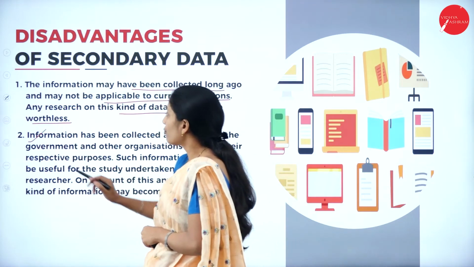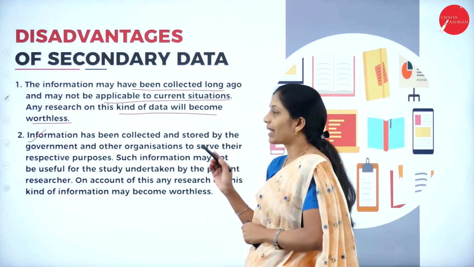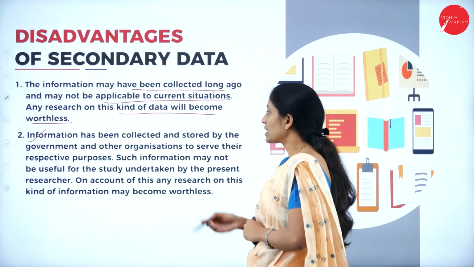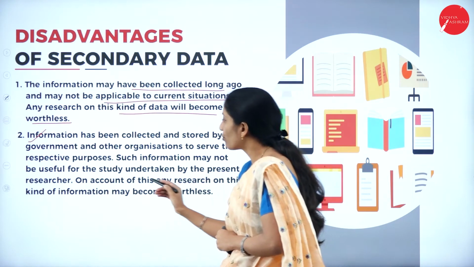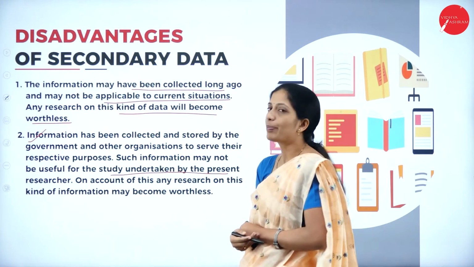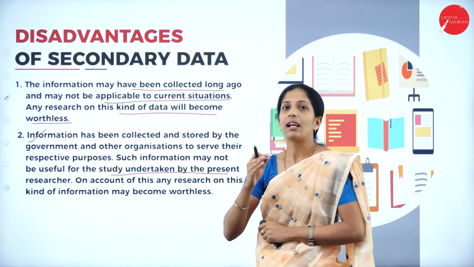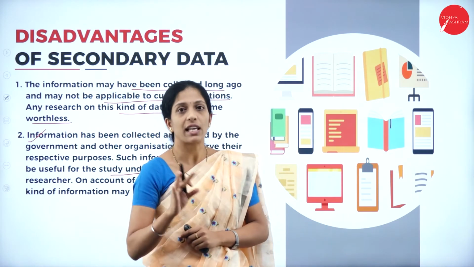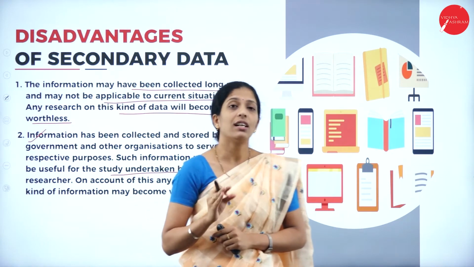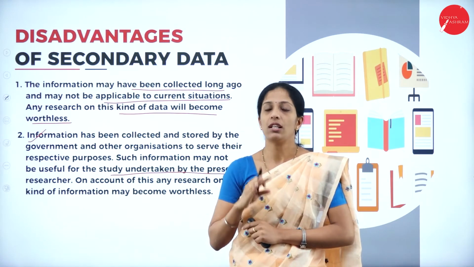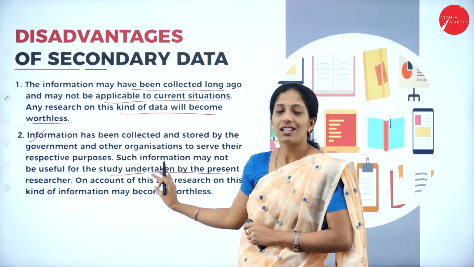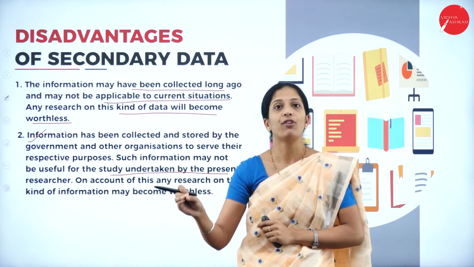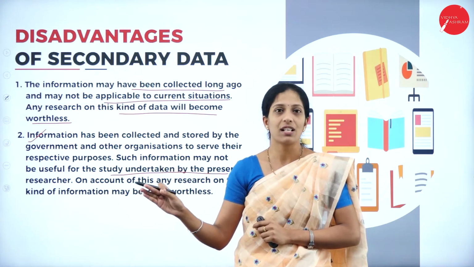Next one is, information has been collected and stored by the government and other organizations to serve their respective purposes. Such information may not be useful for the study undertaken by the present researcher. Now, in the advantages, I have told you that government will collect a lot of information of various departments, but whether the government will collect all the information, no. Now here, if you see the disadvantage, government might have collected that information which is needed for them, but it will not help the researcher.